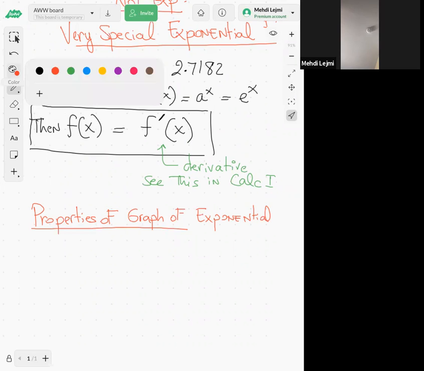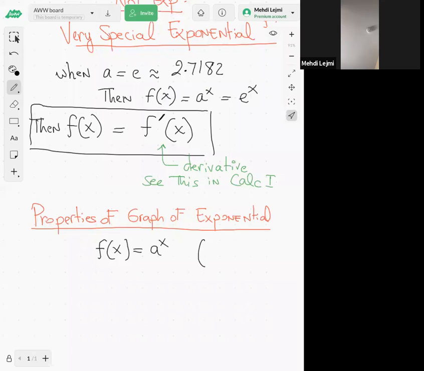Okay, so again, my function is f of x equal to a to the x. And keep in mind, this is again important, a is a positive number, different from 1, right? Now, first property or first interesting fact is the domain. What would be the domain of this function f? Well, my input x can be any real number.